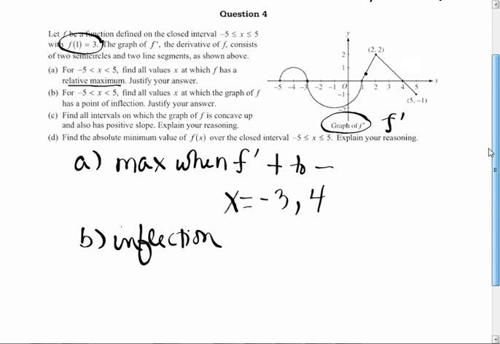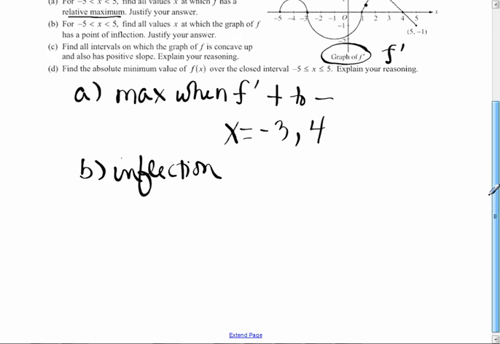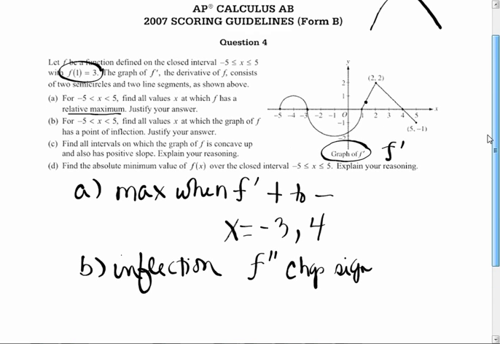Okay, inflection. How do you find inflections? F double prime. Change of sign, right? That's the slope of my graph here. When the slope of this graph changes sign, so second derivative. Okay, it's positive, negative, so I see -4.